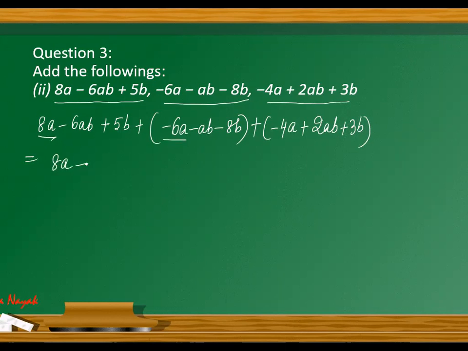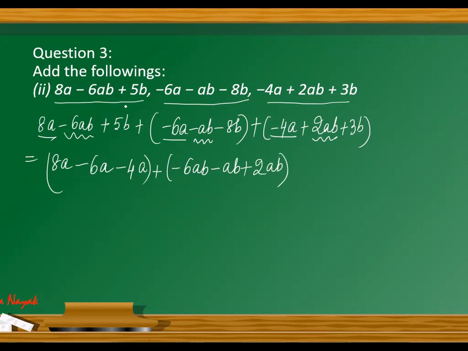Here another a, 6a. Next minus 4a. So a completed. Next group is ab. Negative 6ab, negative ab, negative 2ab, positive 2ab, ab completed. Then 5b. Next is negative 8b. Next is positive 3b.